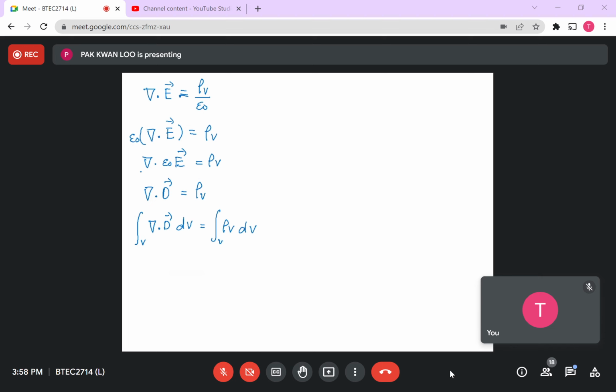If I apply volume integration on the left hand side, I must also apply volume integration on the right hand side. So if we compare this term with Q, this is our enclosed charge, right? This is an enclosed charge here.